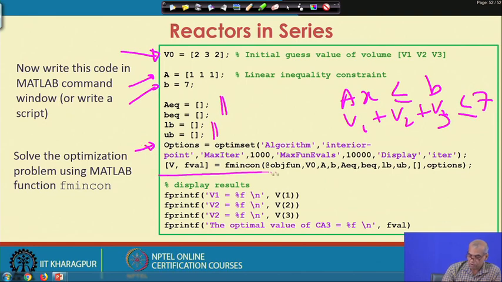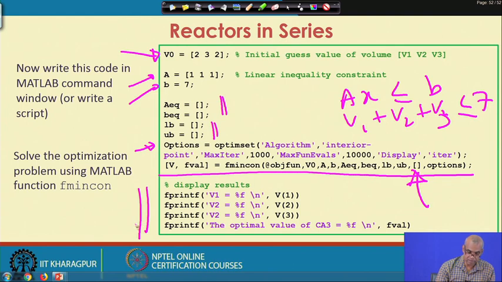So, this is how I now call fmincon. Note that I do not have any nonlinear equality constraints. In fact, the model equations are nonlinear equality constraints, but I am taking care of that by solving using fsolve. Then I just display the results.